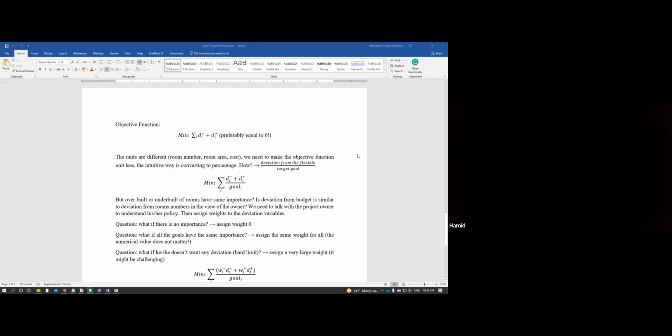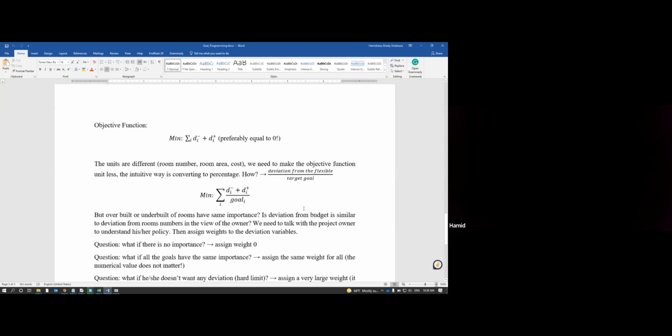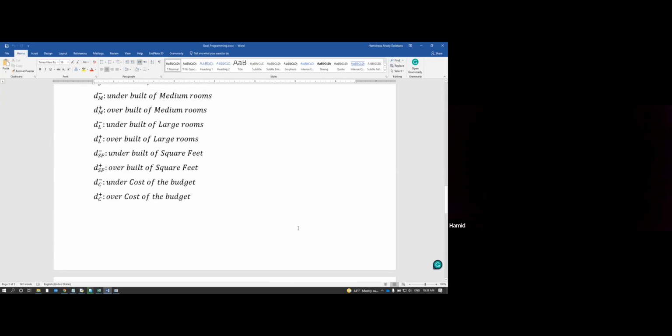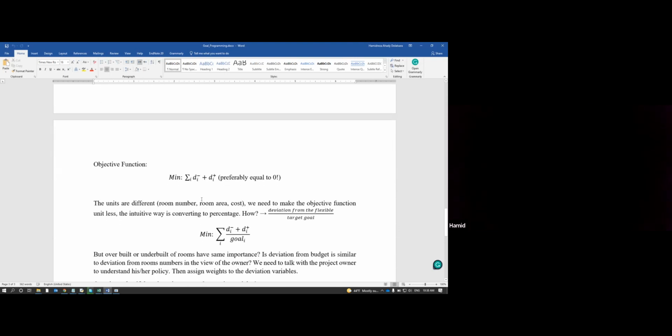Okay, so now our objective function is a little different. We are looking for minimizing our deviation. So each deviation is, let's say for S, DS plus, DS minus, and for budget or cost, instead of DS, you should have DC plus, DC minus, and same for other decision variables.